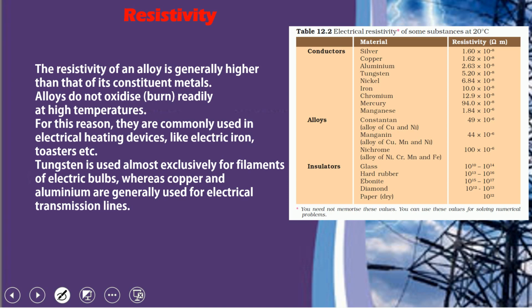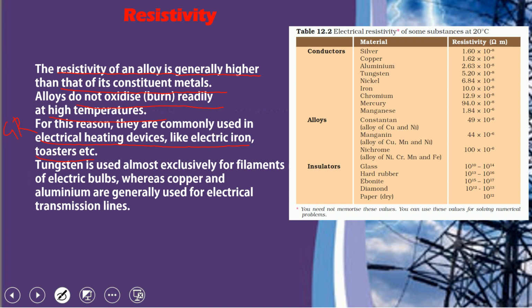For this reason, alloys are commonly used in electrical heating devices like electric iron, toaster, etc. Give reason: why are alloys used for electric heating devices? The main reason is that they do not oxidize readily at a high temperature. Second, the resistivity of the alloy is higher than that of the constituents. These are the two reasons.